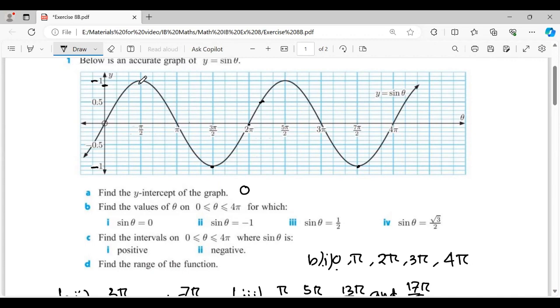It means the coordinates here are 1, 2, 3, 4.